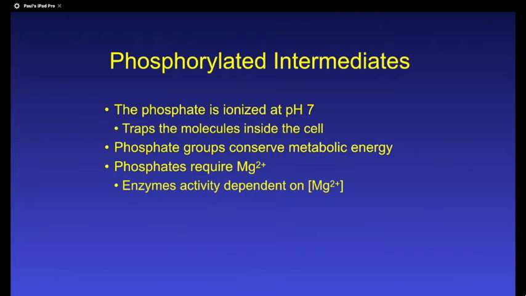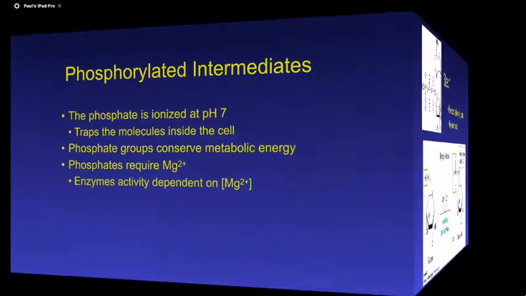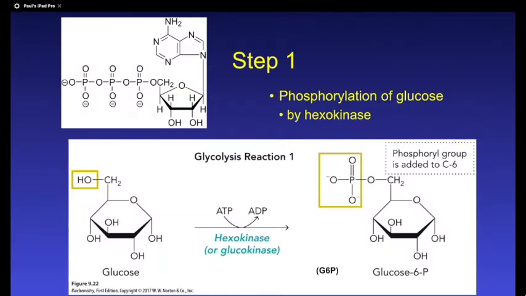Also, once carbons are phosphated, a lot of times that tags them for the metabolic process. Okay? These small molecules. Phosphates also carry around magnesium, and so many of the enzymes are dependent on the concentration of magnesium in the system. And so making sure that you have enough magnesium in your system is important to make sure that your metabolism is actually functioning correctly.